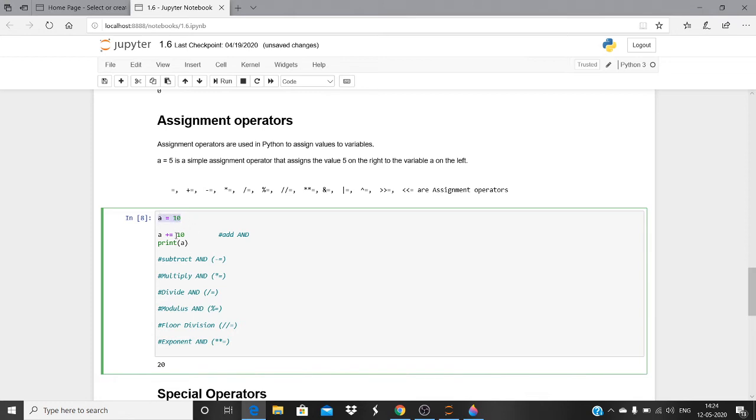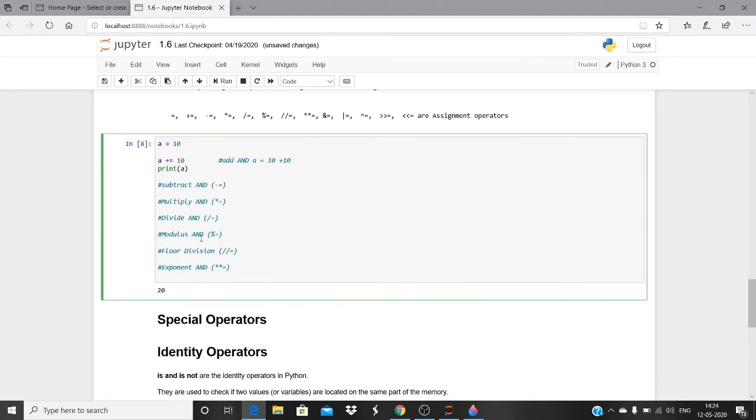And okay, a plus equals just means a equals 10 plus a, and we have assigned value 10 to a, so it means 10 plus 10. So a plus equals means 10 plus 10, 20.